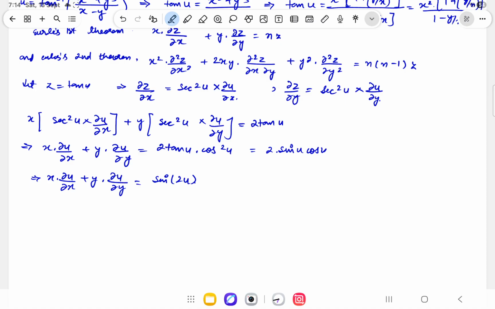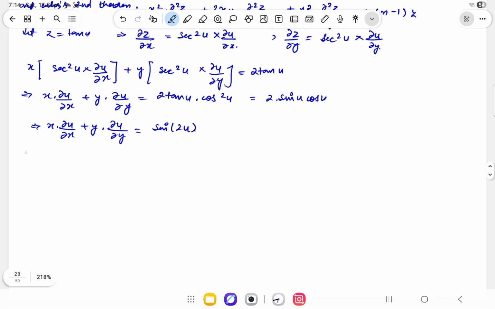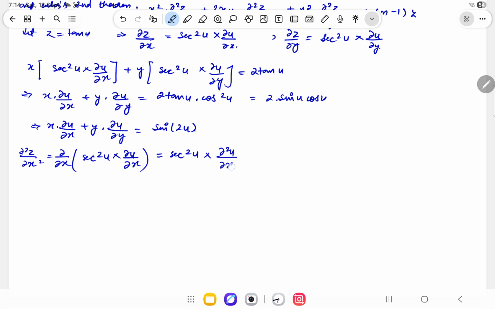If we find del square z by del x square, it will be basically equal to del by del x into del z by del x, that is sec square u into del u by del x. So this will be equal to sec square u into del square u by del x square plus 2 sec square u into tan u into del u by del x whole square.